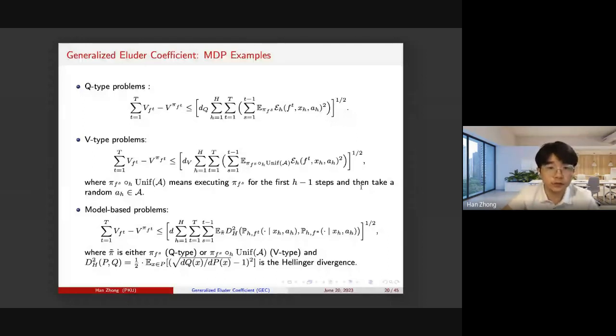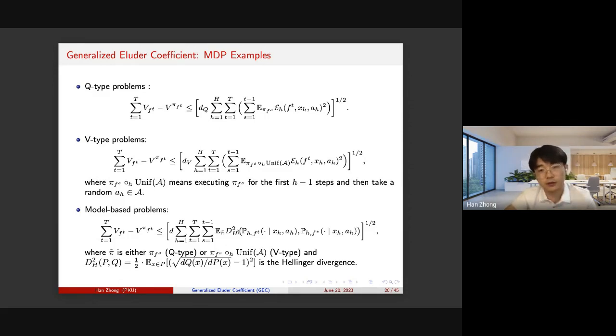Okay. For the model-based problems, here is a policy that is either pi-F-t or pi-F-t circle H uniform A, depending on the problems, either Q-type or V-type, and the discrepancy function is different.